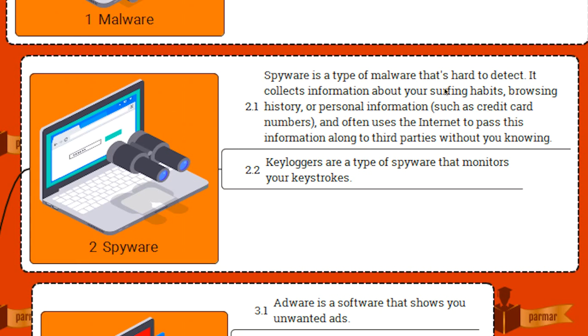It collects information about your surfing habits, browsing history, or personal information such as credit card numbers, and often uses the internet to pass this information along to third parties without you knowing. Remember, they send confidential information present on your computer to some third party outside your computer's network or main reach. That is the most dangerous thing. And how do they get the details of your credit card or your password? With the help of keyloggers.